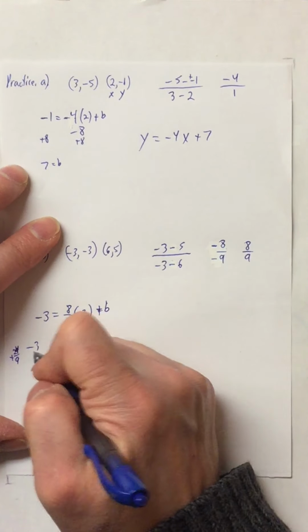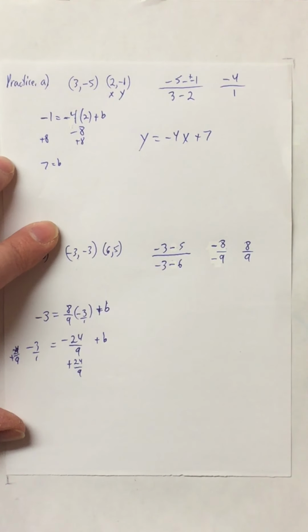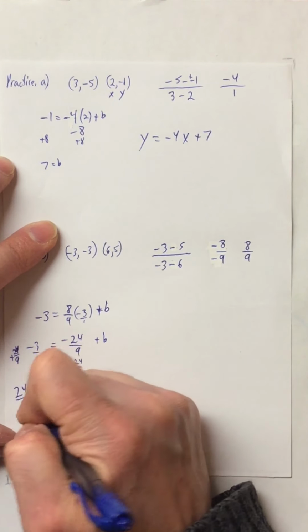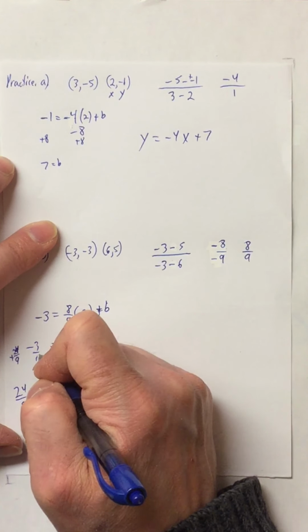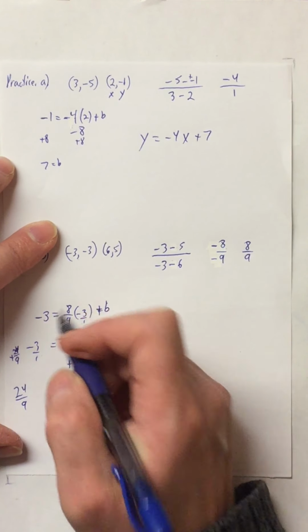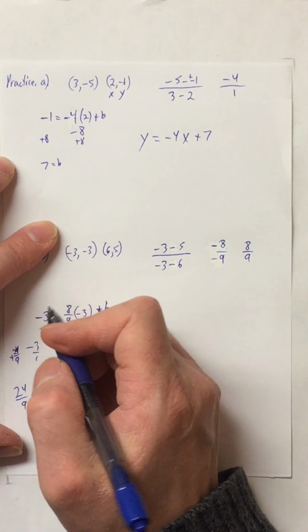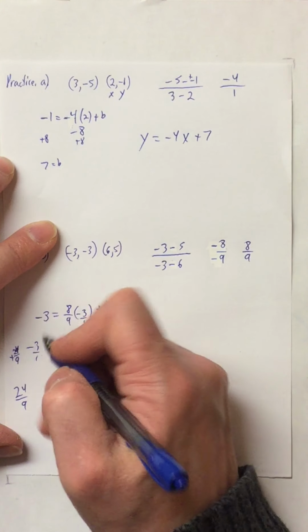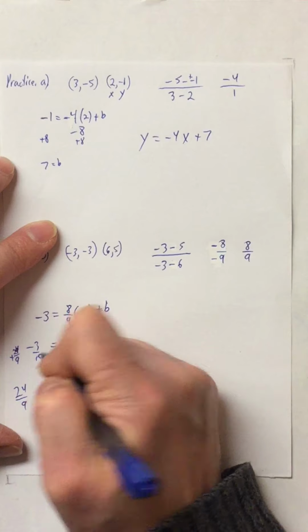All right, and then I've got to get a common denominator. So 24/9, common denominator is going to be 9 here.